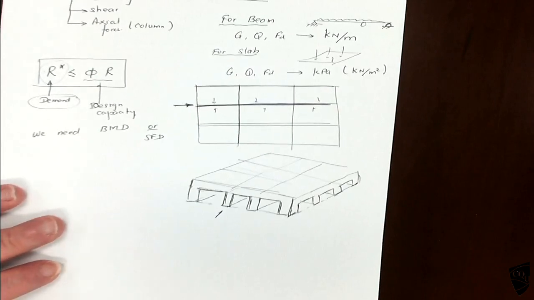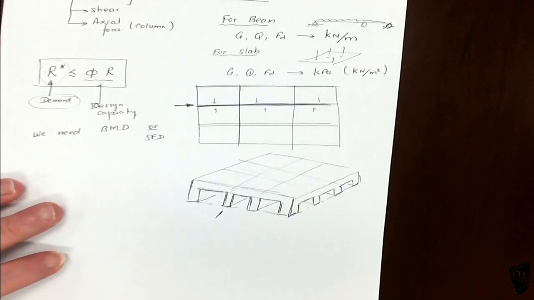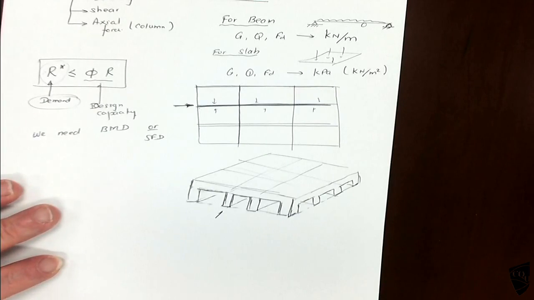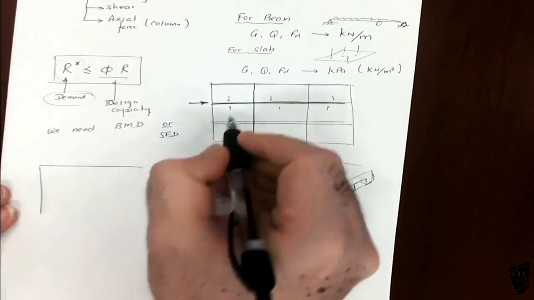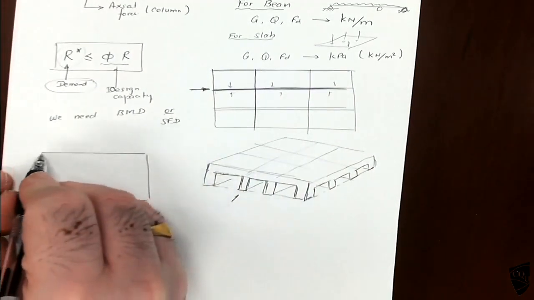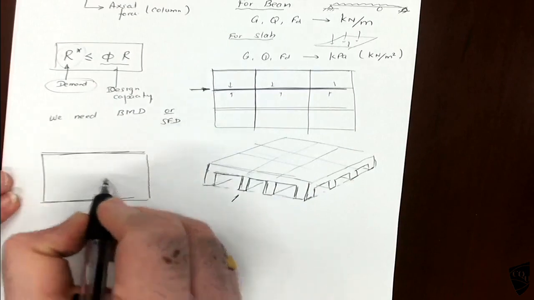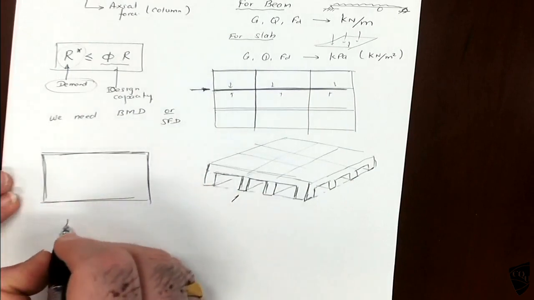So how will these loads be distributed? I think there is a slide from last week, the load estimation or something. The last slide shows how the load will be distributed. If you look at a slab supported by 4 sides, that is called a two-way slab.